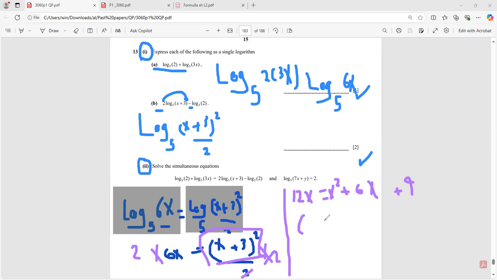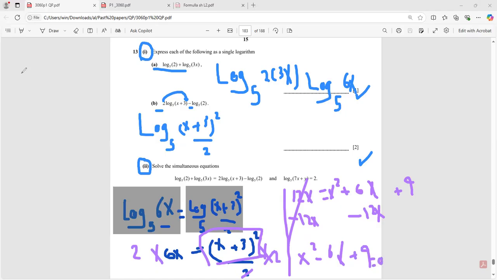Before we solve, we have to subtract 12x from both sides. Then x squared minus 6x plus 9 equals 0.